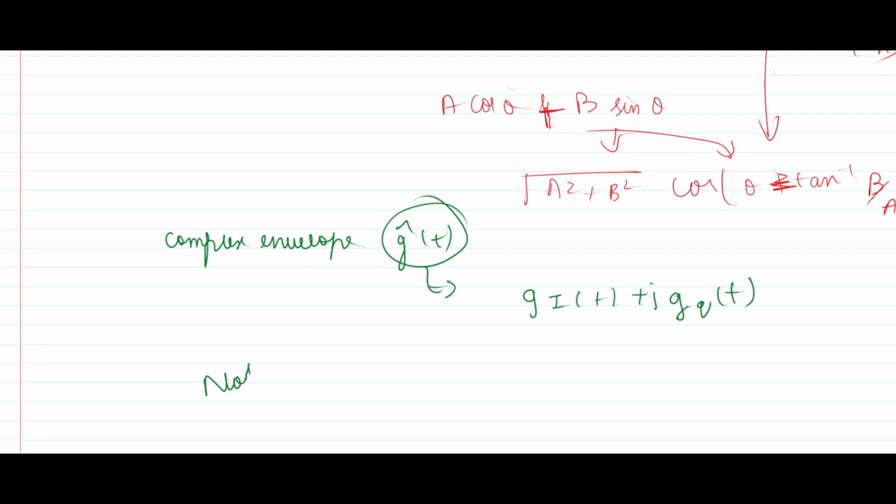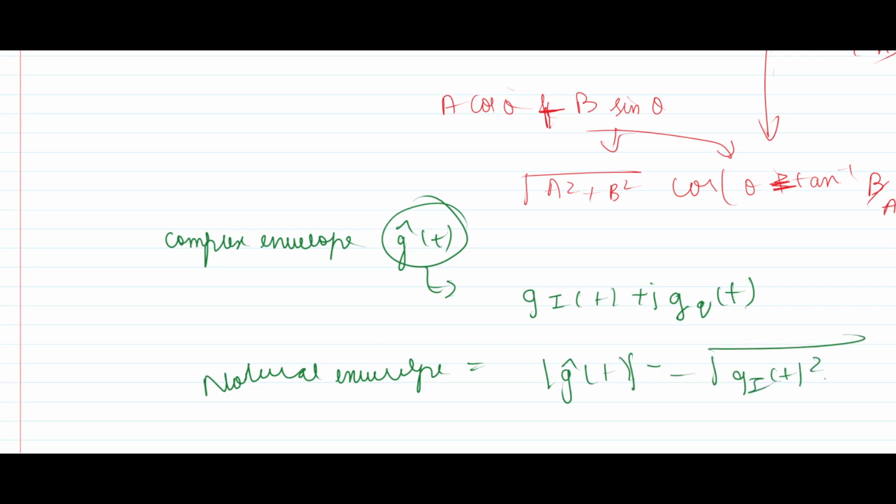We actually call it the natural envelope also. It is the magnitude of the complex envelope, which can also be written as under root in phase component square plus quadrature component square.